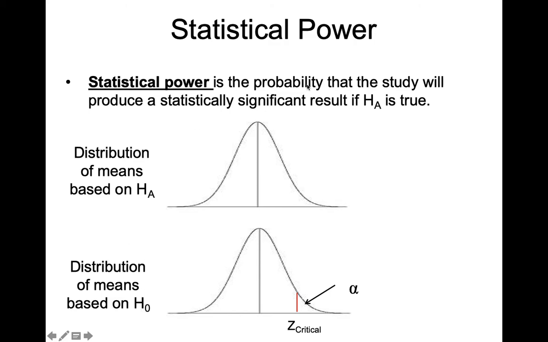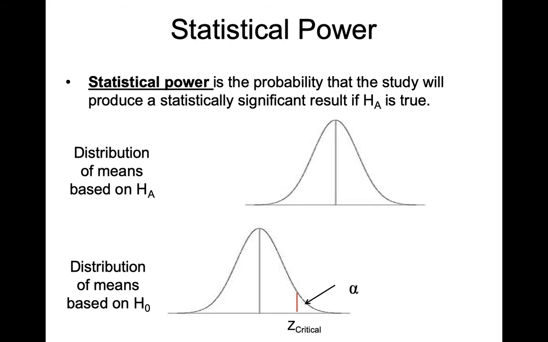Well, now remember, statistical power is all about what happens if our alternative hypothesis is true. So let's imagine that the alternative hypothesis is actually true, our LSAT class works, and so you can think about it as, because these folks took the class, that whole distribution is shifted over.